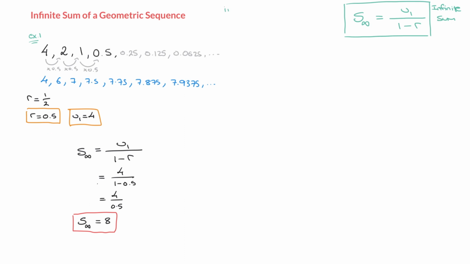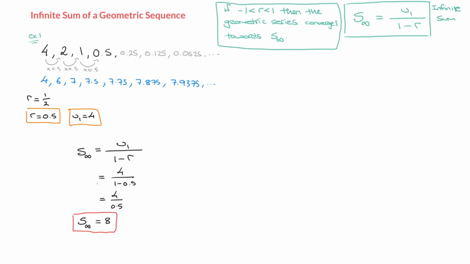I'll say if the common ratio r is between -1 and 1, then the geometric series, and therefore the sum of the terms of the geometric sequence, converges towards S sub infinity. Done. And in fact, I'll box that as well.